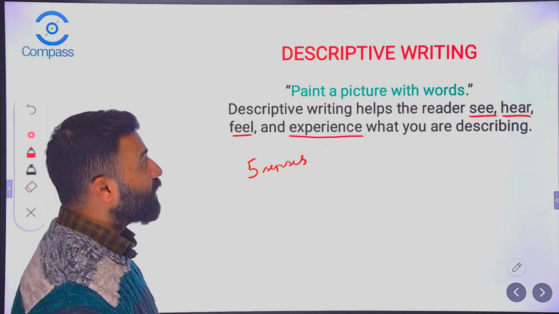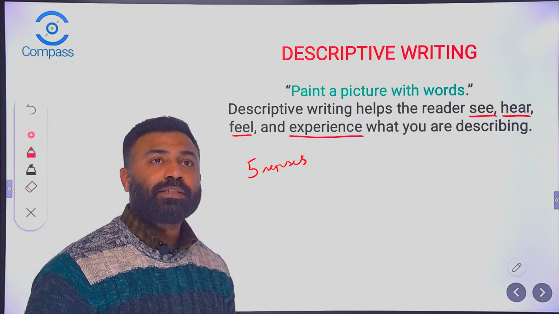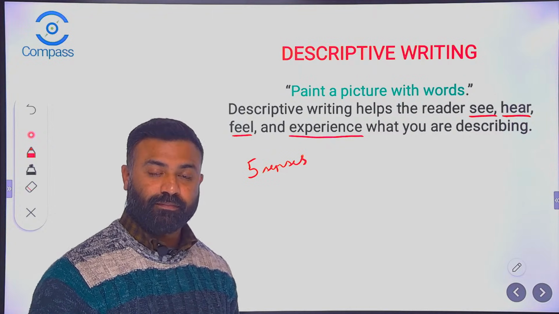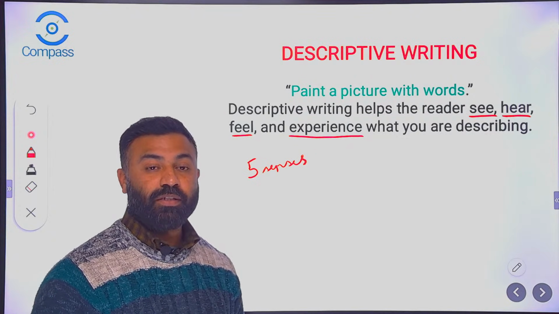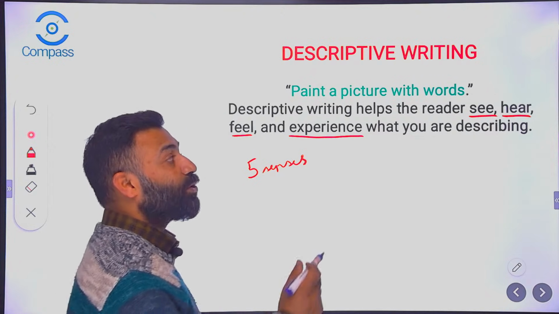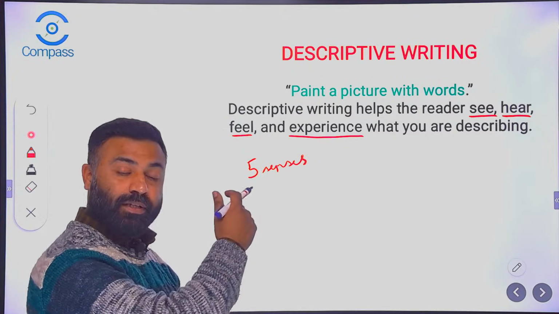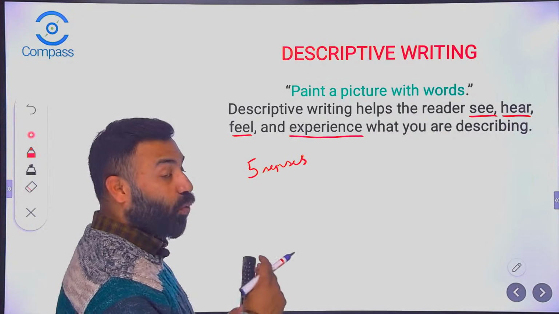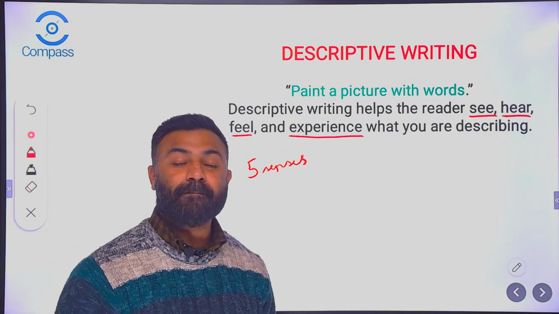When it comes to descriptive writing, suppose you get a question and you need to describe something, let's say a bright sunny morning, and you have come out to take a walk. You can engage your senses. You can talk about what you see, what you hear in the morning, what you feel, the cool breeze on your skin, and what you get to smell or taste, if it is possible.